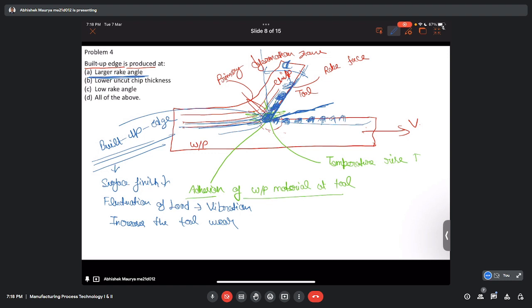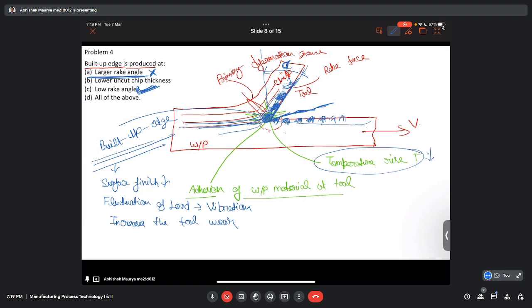So the formation tendency of built up edge will become smaller. So a large rake angle will reduce the formation of built up edge, and indirectly we can say a low rake angle will increase the tendency of formation of built up edge.